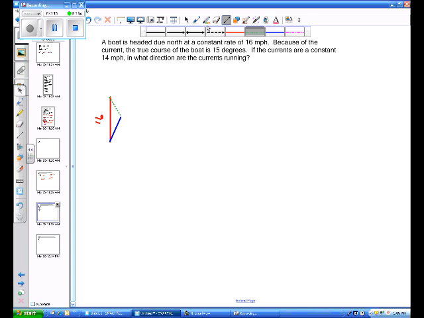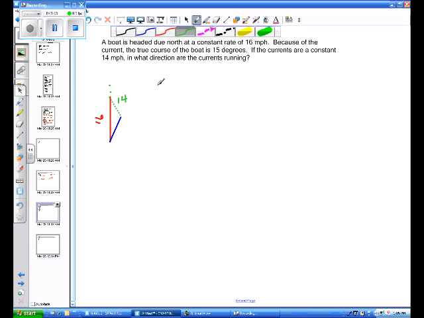So our currents are going at a rate of 14 miles per hour. Okay, what we want to know then is what's the direction from north. What's the direction around to our current?